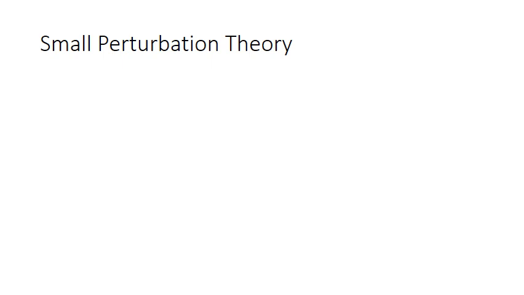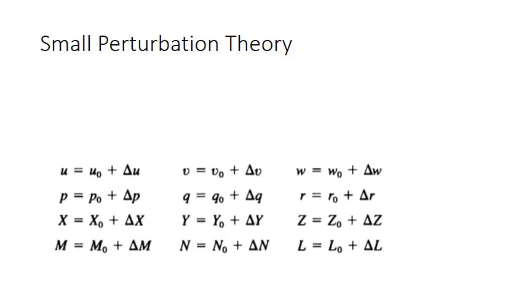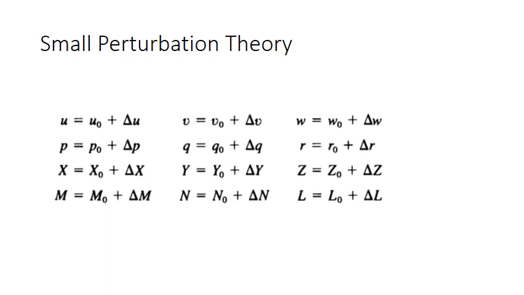Each motion variable, Euler angle, force, and moment in the equations of motion is redefined as the summation of a steady-state value and a perturbed value. In many cases, the small disturbance theory yields sufficient accuracy for practical engineering purposes.